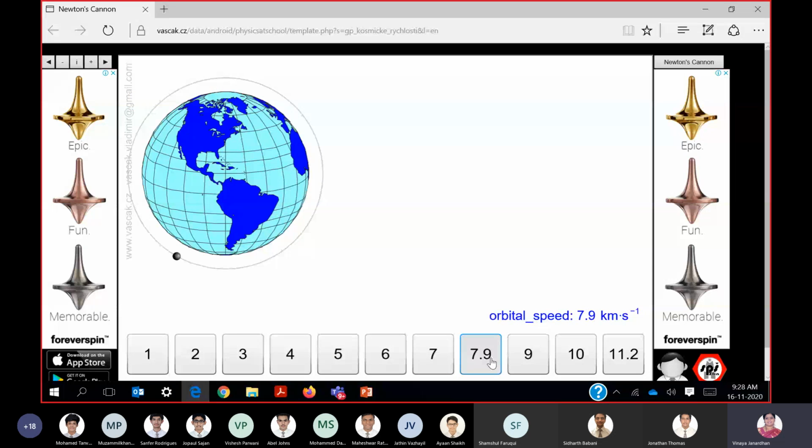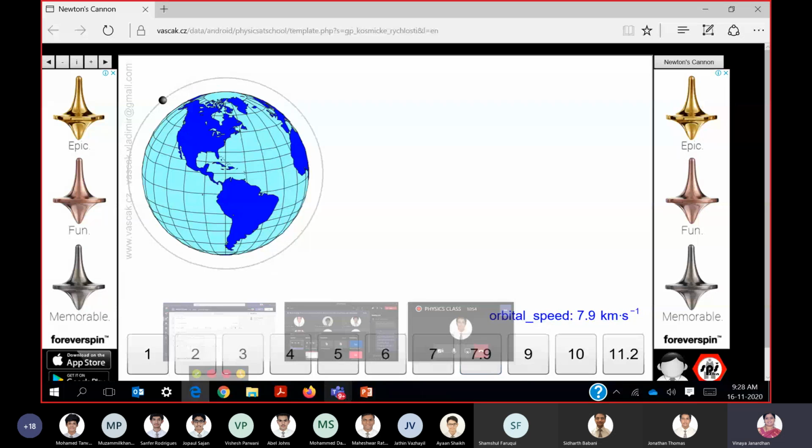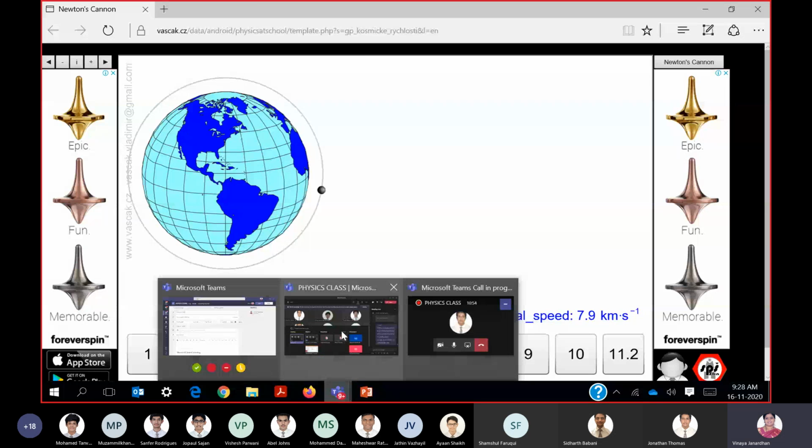When the speed with which you project the projectile is 7.59 kilometers per second, this should be the minimum. Then what happens? It will never come back to the surface of the Earth, but keeps revolving around the Earth.